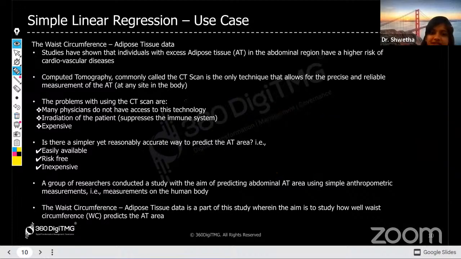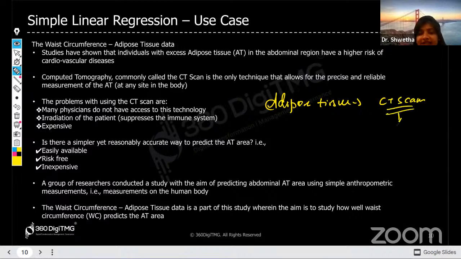But adipose tissue can only be calculated with the help of a CT scan. Okay, only with the help of a CT scan can we get a precise and reliable measurement of adipose tissue. There was no other way to find out the percentage of adipose tissue in patients.